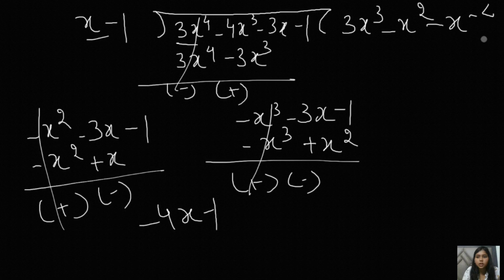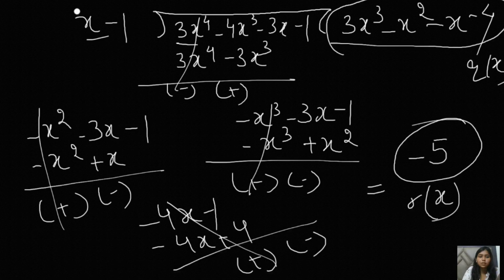Again minus 4, minus 4x plus 4. What we'll get is minus 5. So this is the remainder for this division, where this is the quotient q(x), this is r(x), that is the remainder, this is the divisor, and this is the dividend.